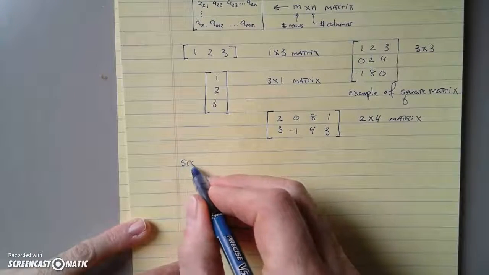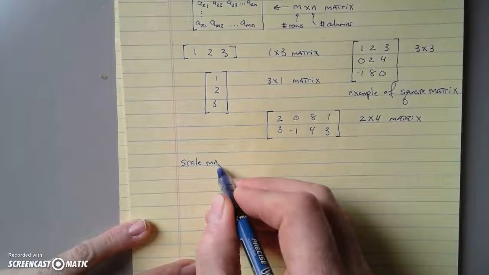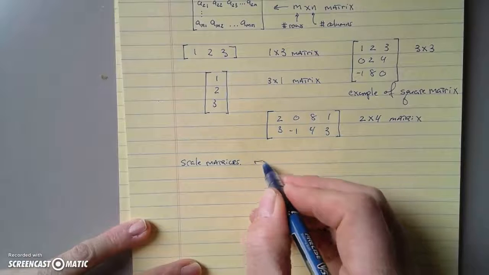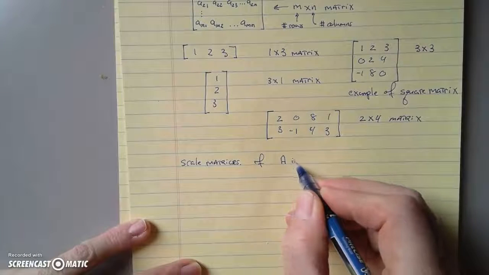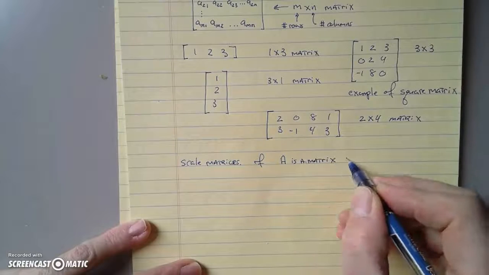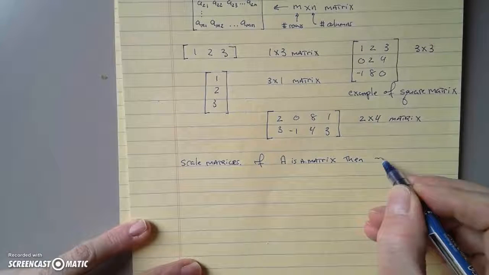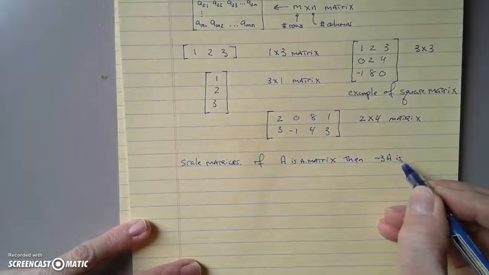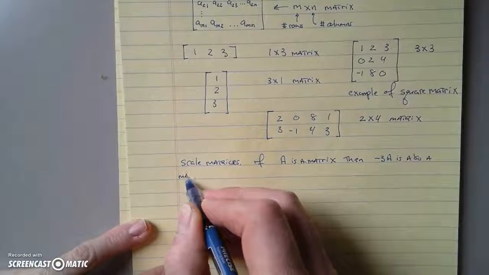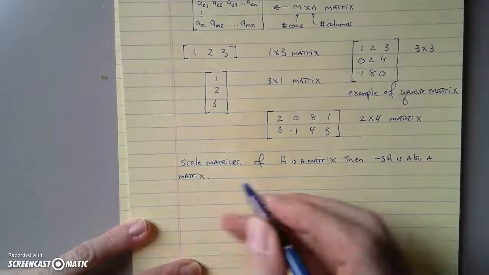We can scale matrices. So if A is a matrix, then negative 3 times A is also a matrix. And this is very easy to do.